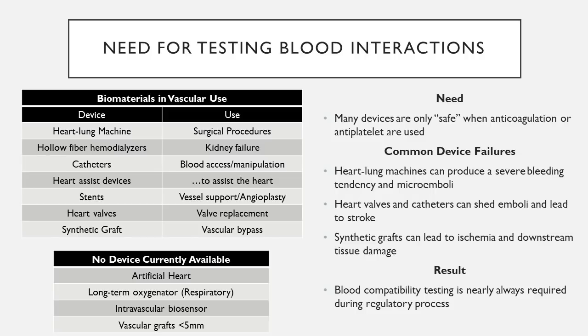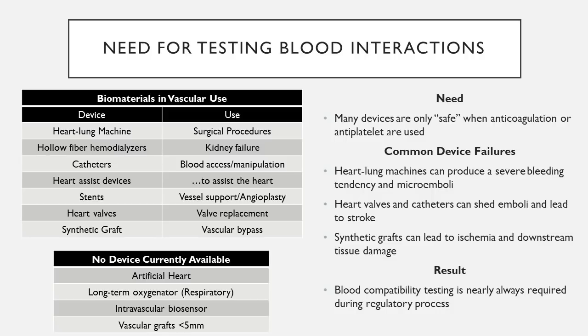There's also no such thing as a long-term oxygenator for an artificial lung. There are no intravascular biosensors, and there's also no vascular grafts smaller than 5 millimeters. To highlight that even more, in general, many devices are only considered blood compatible and safe when they're used with anticoagulants or antiplatelets. And these are not just during the wound healing process, but during the lifetime of the device.